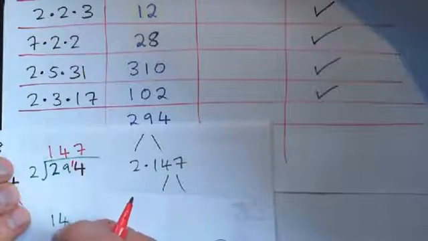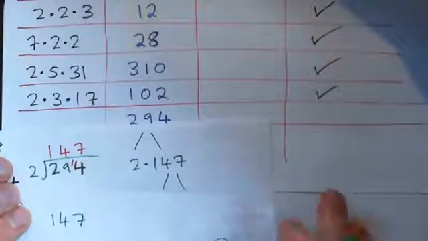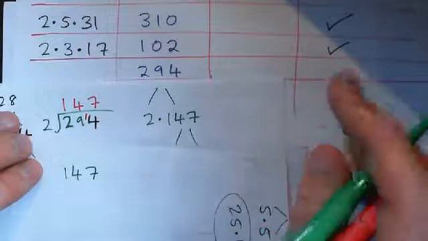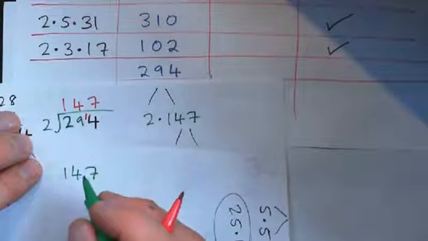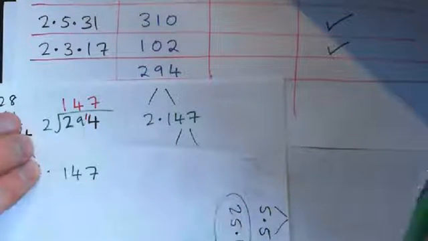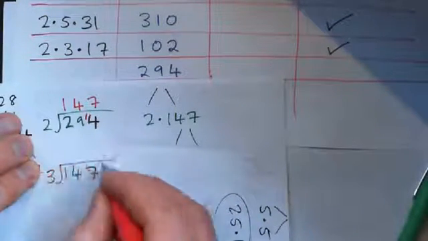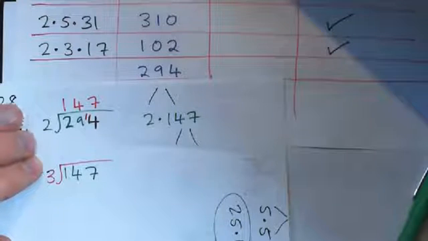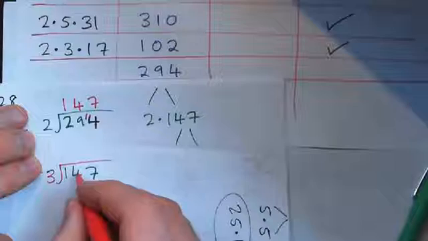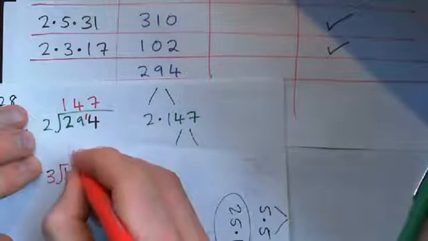Okay, so you've got 147. Now you know 2 won't go into that because it's an odd number. But can you try 3? See if 3 works? Just for fun, you never know. 3 into 14 goes 4 times.